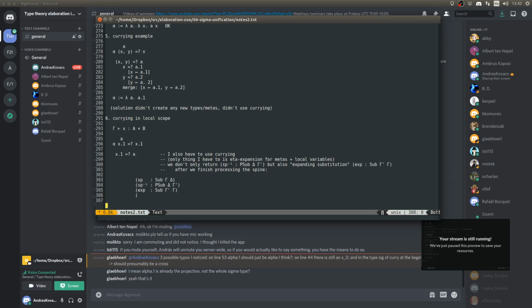Oh yeah, right. So I was correct before. So this partial substitution goes from the eta expanded local scope to delta. And after we finish, then we can just do this composition.